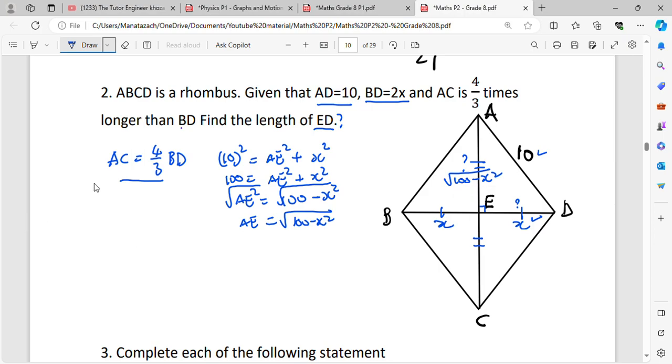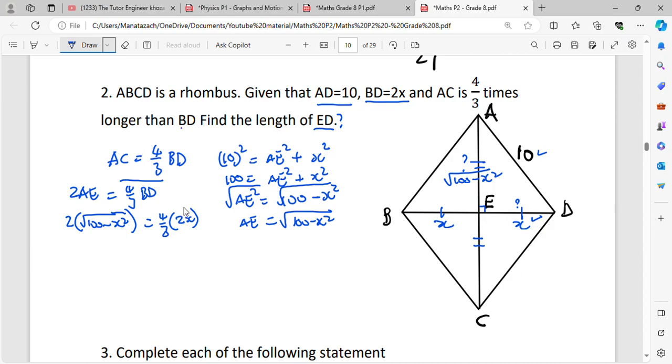So we can replace AC by saying 2 times AE is equal to 4 over 3 BD. So we know that AE is the square root of 100 minus x squared, 4 over 3, and then we know that BD is 2x, we are given. Then from here on we're going to solve for x.